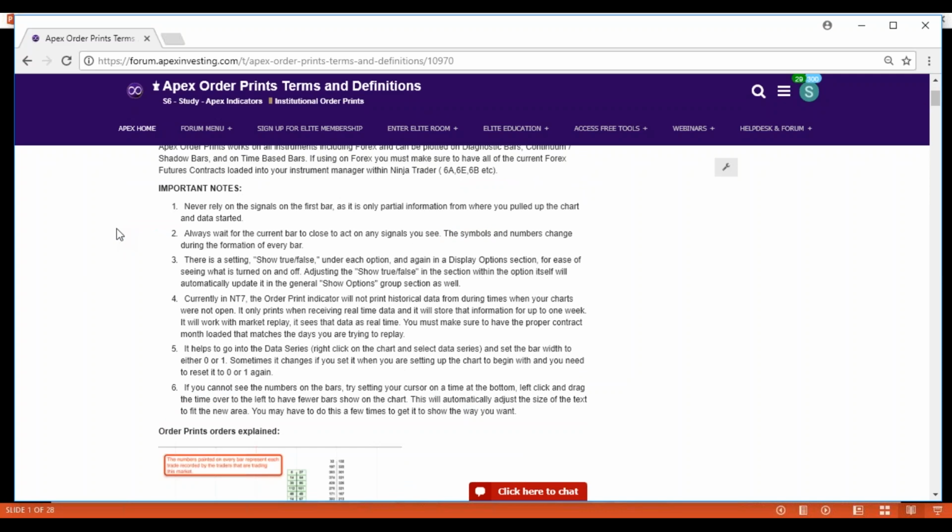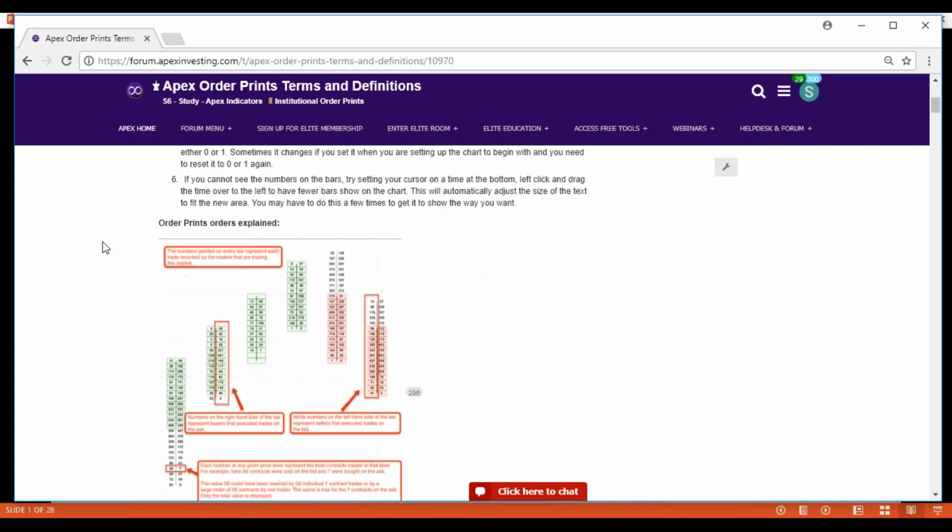I know that some of you haven't gone through this, because many of you say something like, well, I just opened my chart today and order prints doesn't work. There's no numbers. Well, if you paid attention in any of the courses on order prints, or if you've gone through here, you would understand that order prints doesn't start printing unless your chart is live. It goes through and explains every aspect of order prints.